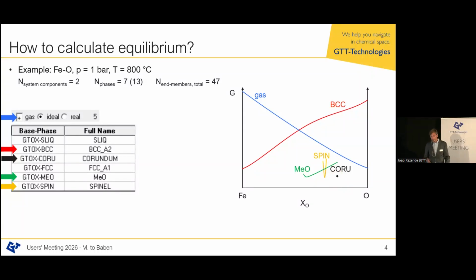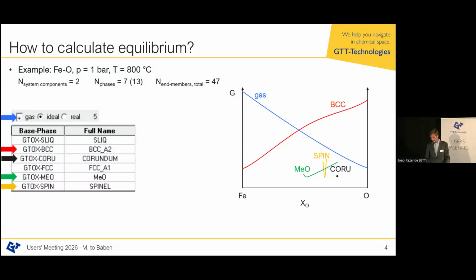You can also see that I used a broader Gibbs energy model to depict the MEO compared to the spinel, because the MEO has this non-stoichiometry. The Wüstite can accommodate quite a number of vacancies, can change the composition.